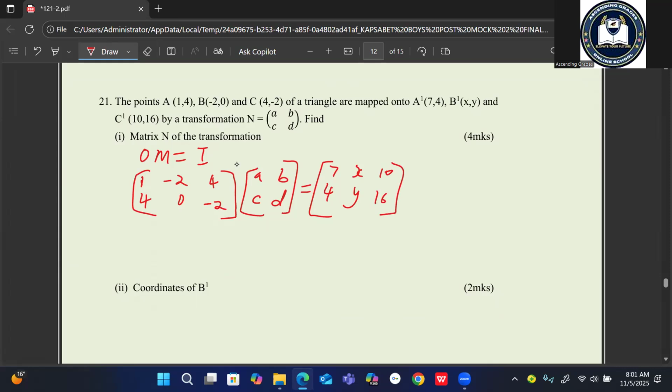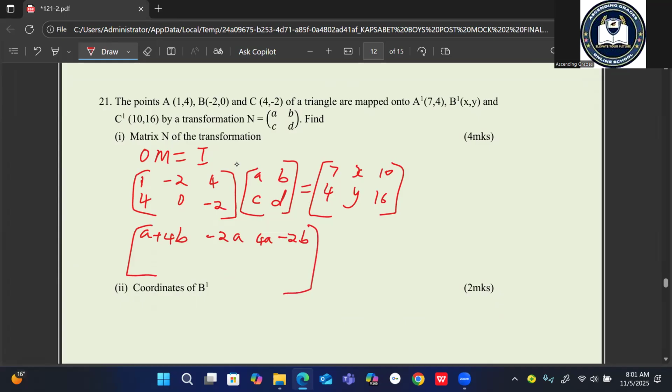So beginning with the first one, when we multiply, it gives us A plus 4B, then we have -2A, then we have 4A minus 2B.